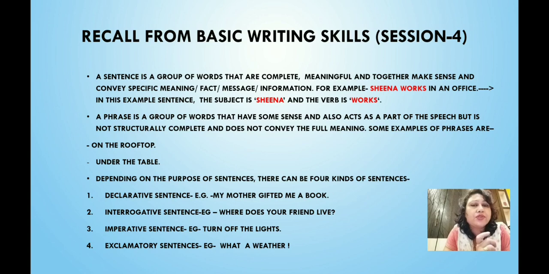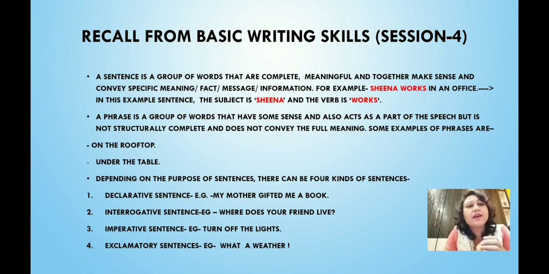So we have to add some more words to the phrases in order to make a complete sentence. Like for example, Ravi is on the roof or my cat is under the table. After adding some more words to the phrases, it gives a complete meaning and is structurally complete.